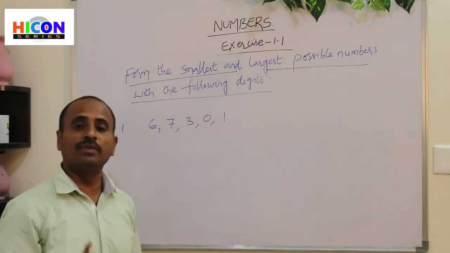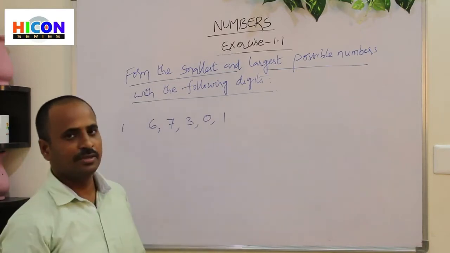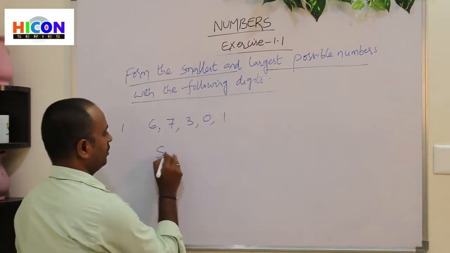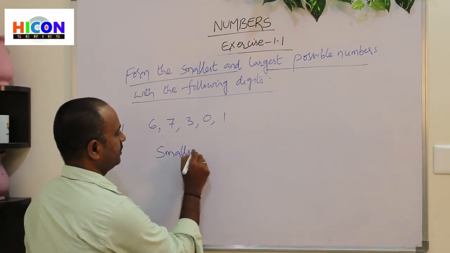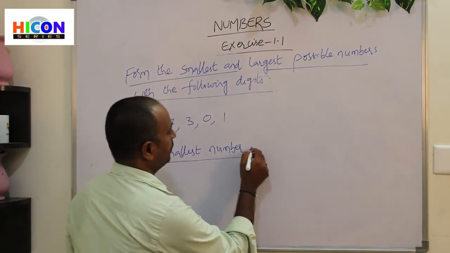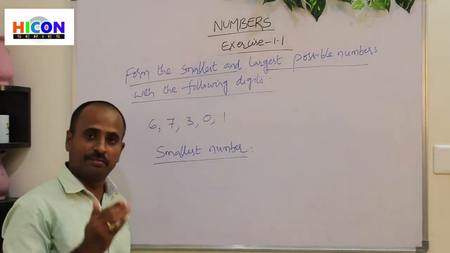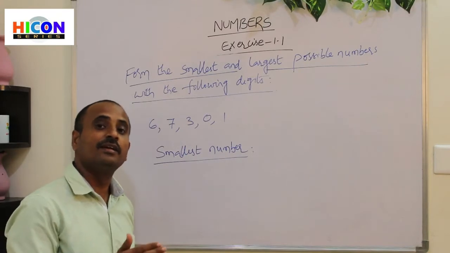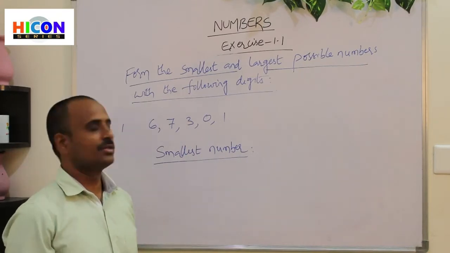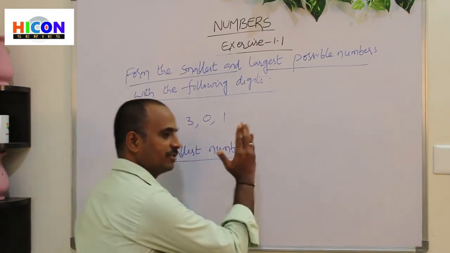Now we have to form the smallest number and the greatest number with these digits. First we have to write the smallest number. How can we get the smallest number? If we arrange the given numbers in ascending order, that means from smallest to greatest.